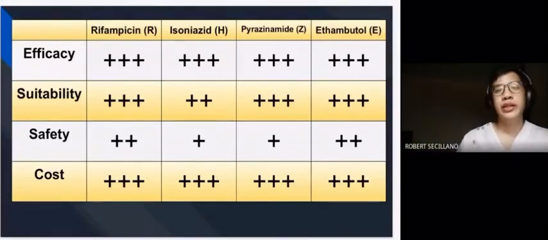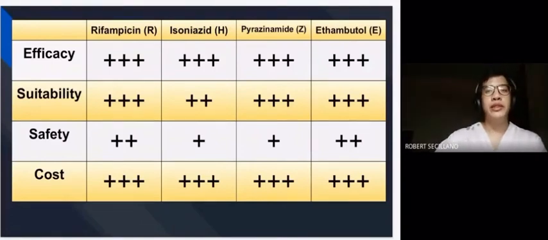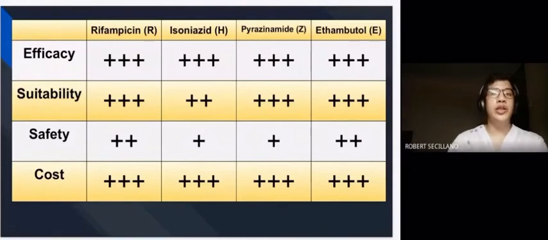Next, for the suitability, for rifampicin, it is indicated for the patient because the patient has active PTB. So a combination of this drug with isoniazid will give you a cure rate of 98%.